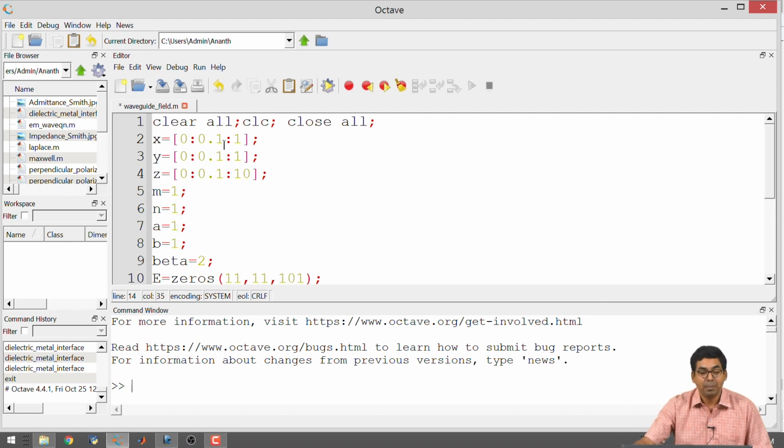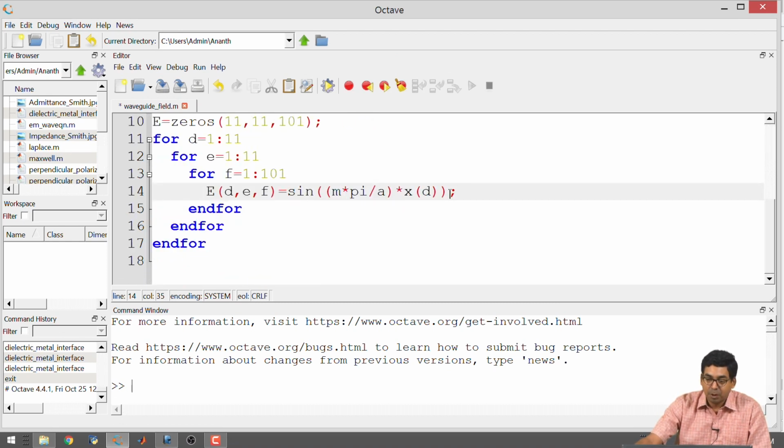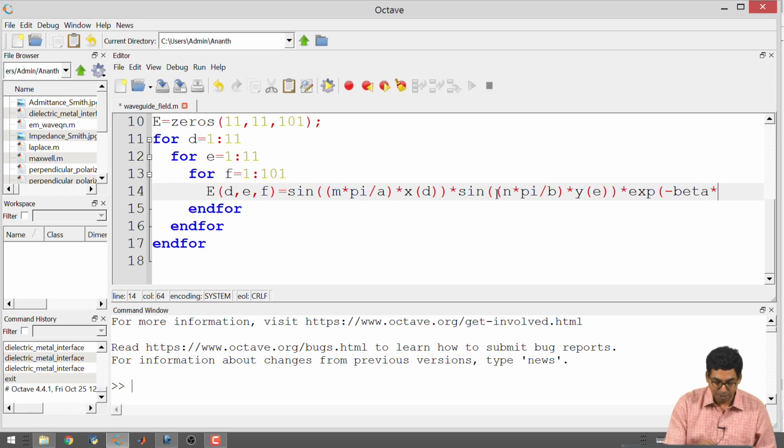Now it is a vector, so I have to use a particular point. d will tell me which point in x I am evaluating this at, so I have x of d, and then this was multiplied with sine of n pi by b multiplied with y of e, multiplied with e to the minus j beta z. That is an exponential, so the way to write minus j beta z, I will write it as minus beta into j into z of f.